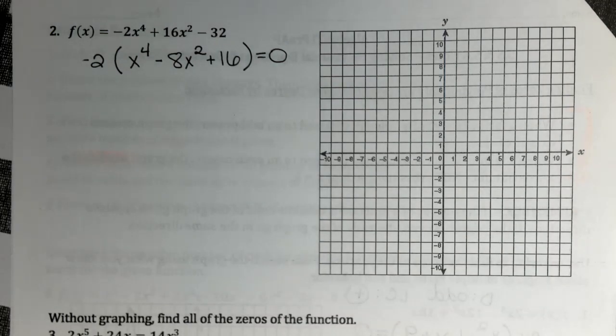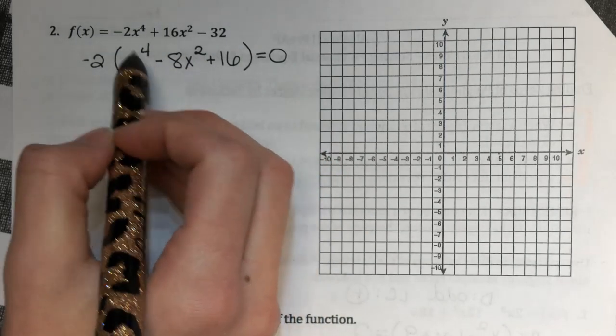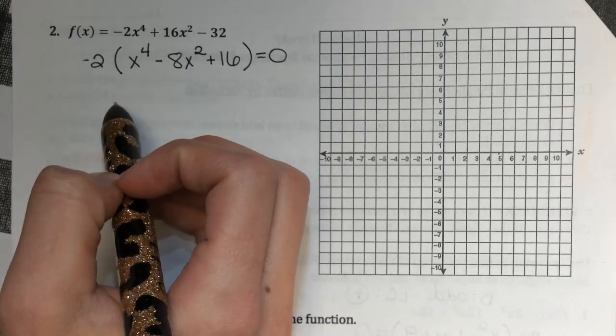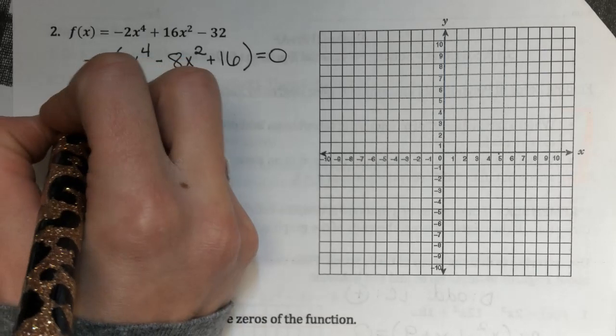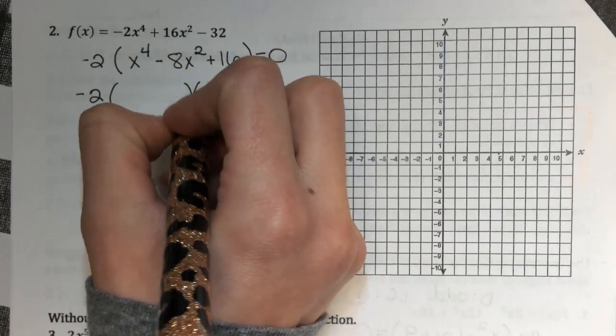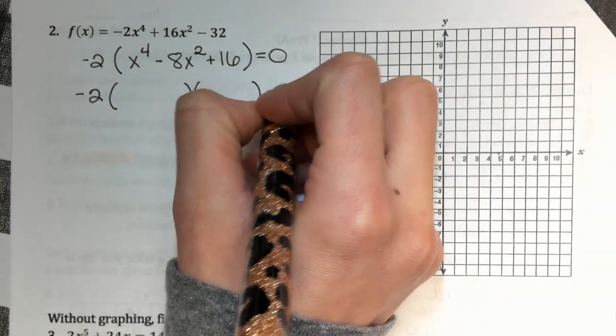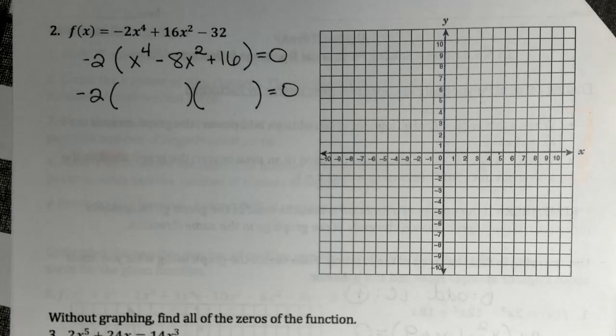Alright, now when we factor x to the 4th, think about what you do with x squared. X squared splits into x and x. So x to the 4th is going to split into x squared and x squared. Okay? So just because you're not used to that doesn't mean you can't do it. So I'm still going to take factors of 16 to give me a negative 8.